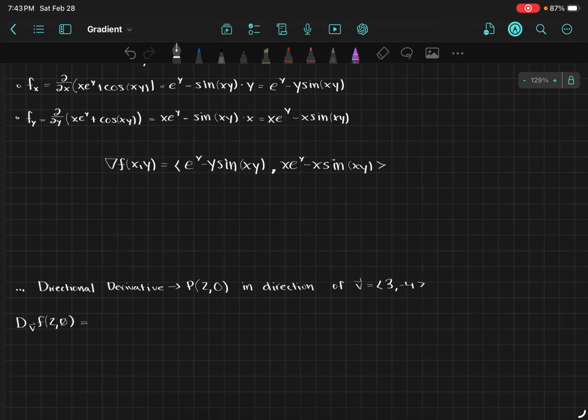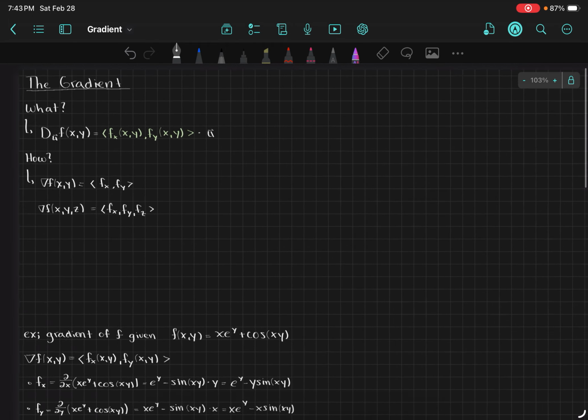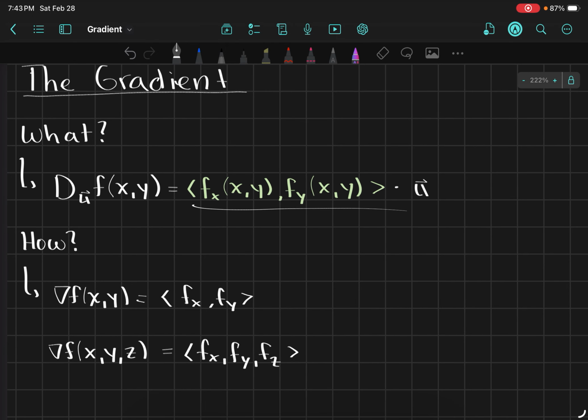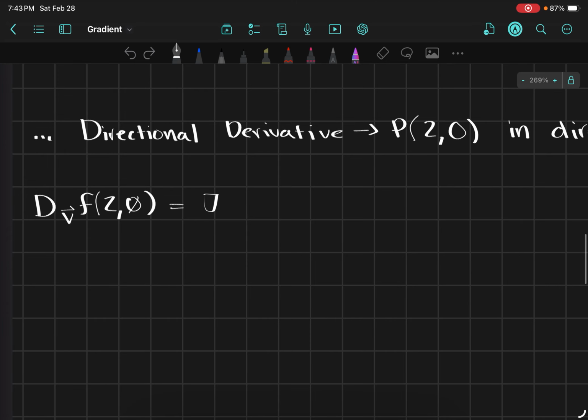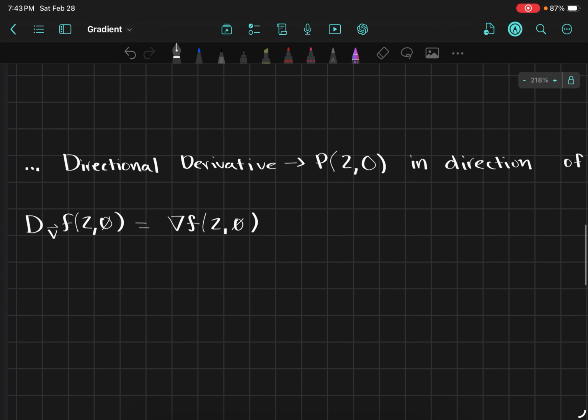Well, I stated in the last video that our directional derivative is just the gradient of f(x,y). So we can essentially write this as our gradient of f at the point (2, 0), multiplied by our vector v.